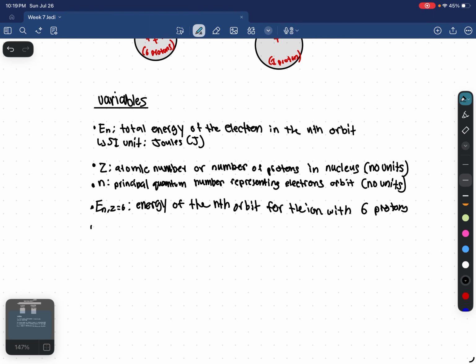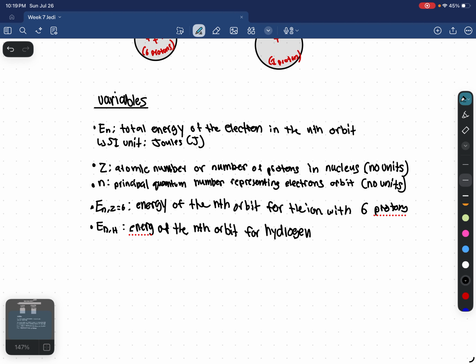And then we also need to know what E_n with Z equals 1 (H) is, which is the energy of the ninth orbit for the hydrogen.